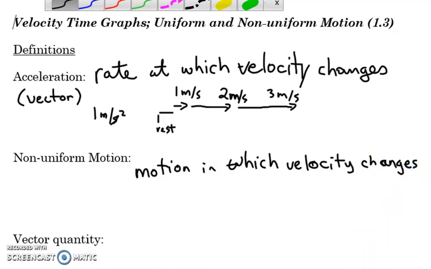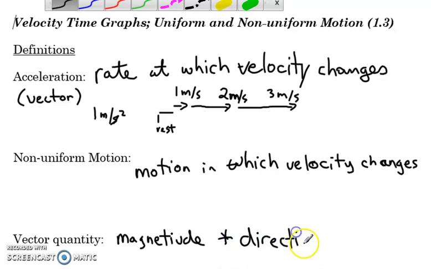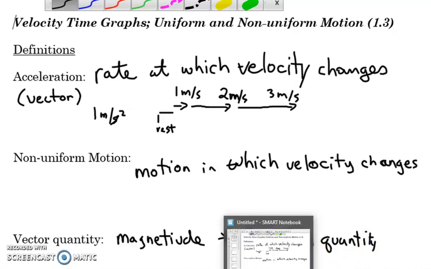If the velocity is changing, that could be either magnitude or direction, as all vector quantities have both magnitude and direction. So in non-uniform motion, it could be either the magnitude, meaning the speed, or the direction, if it's going left or right, that is changing here.